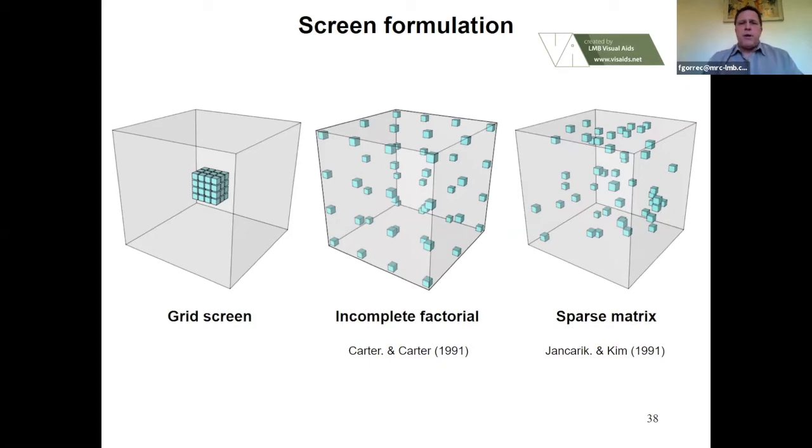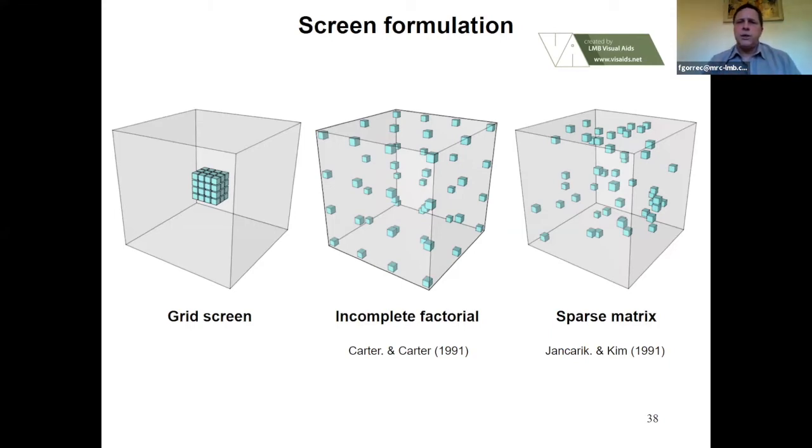So there are alternatives to reduce the number of conditions. One is the incomplete factorial, which is to some extent a large incomplete grid screen that you formulate according to whatever reagents you selected, and in a more or less random way omit some combinations. Another alternative is to use the sparse matrix formulation. This time you don't compose a screen with different reagents.